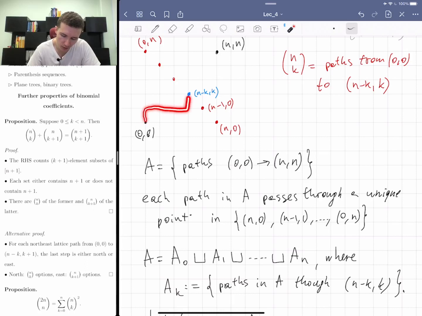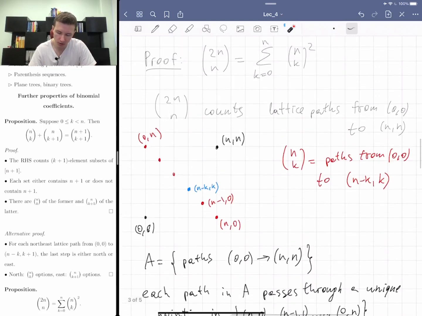Each path is going to have two parts which are sort of independent: one that goes before the point, another one that comes after the point. And they can be combined. Any path on the left can be combined with any path on the right. And that's why you multiply.